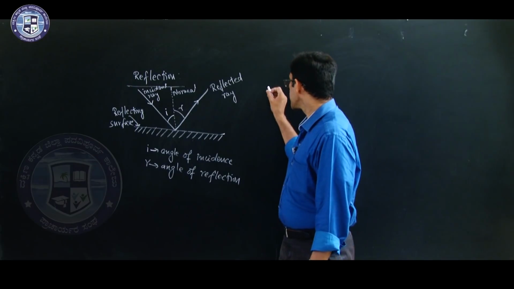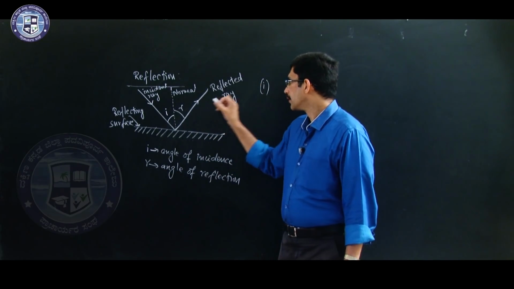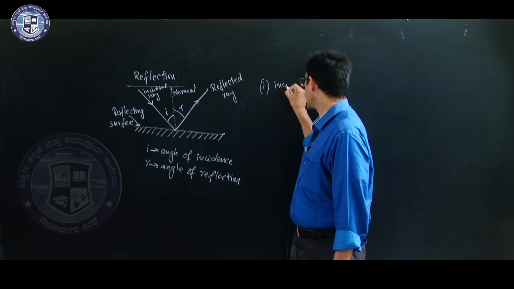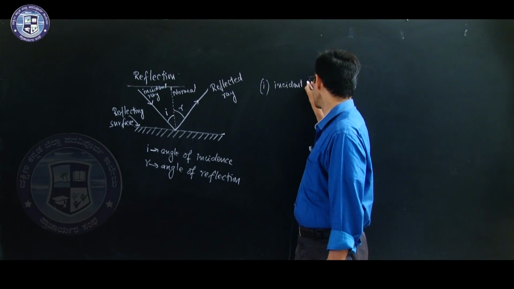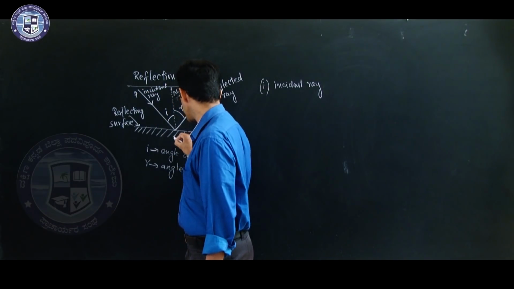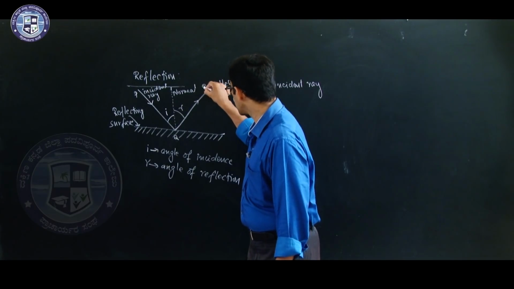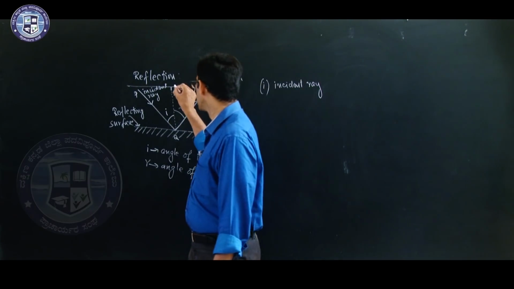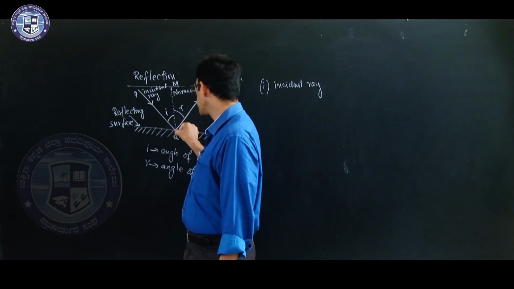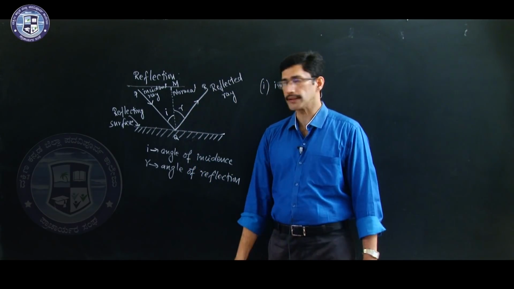Now, experimentally it is observed that, one is the incident ray. Suppose I name the incident ray as PQ. PQ is the incident ray, QR is the reflected ray, and this MQ will be the normal drawn at the point of incidence.